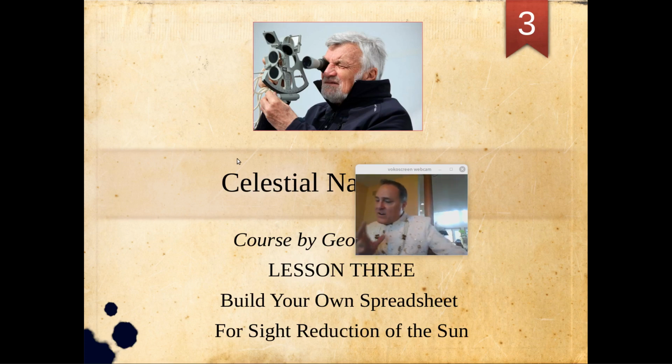So no matter which assumed position you use, or whether you use your dead reckoning position as the assumed position, it doesn't matter. The perpendicular line that is struck at the end of the intercept distance is the same line. So you only have to really do it once. You just pick one.